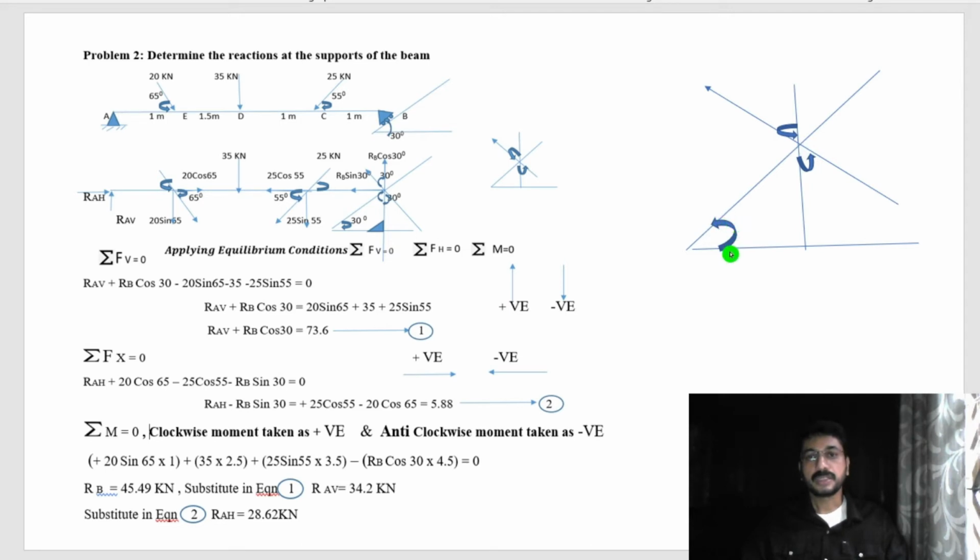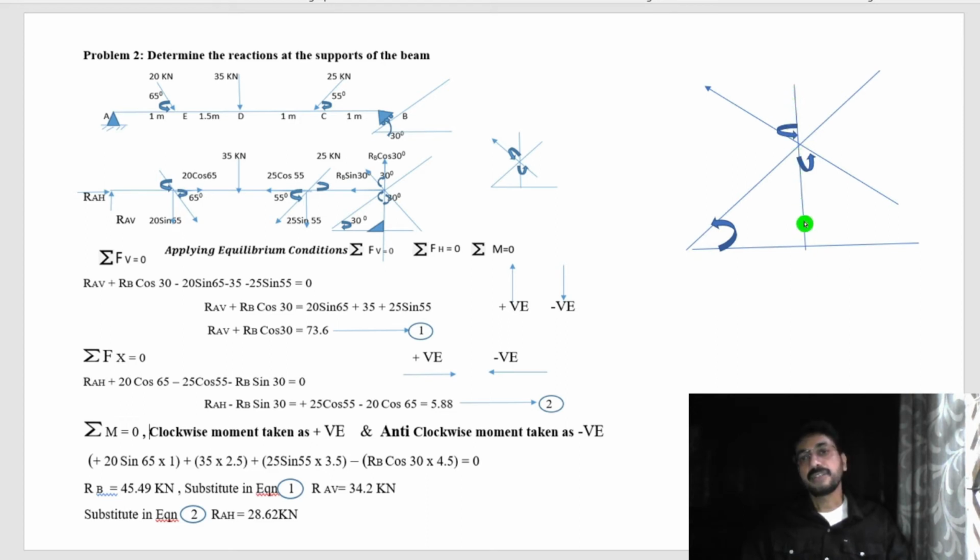This is the 30 degree angle which it makes with the horizontal. Draw a vertical line passing through the reaction point B, meeting the horizontal axis at 90 degrees. Then we get a 60 degree angle here. We know that the total angle will be 90 degrees, then we get 30 degrees here.